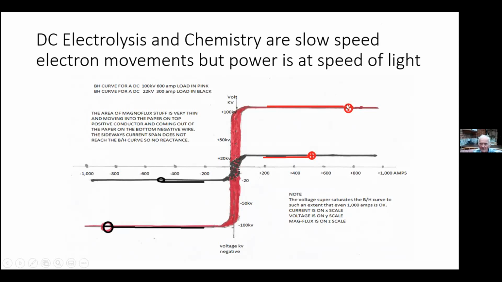So it could then vibrate backwards and forwards on this line, but it's going away from you. So the area, you've got to think of like thin sheets or areas of magnoflux going away from you, or going into the paper and coming out of the paper and then rotating.